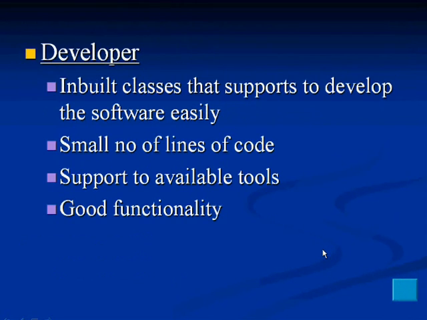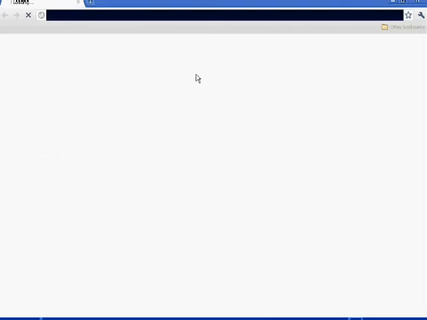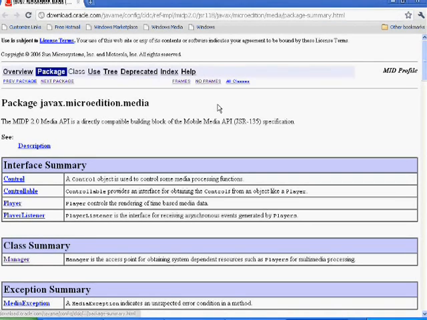Going into the developer, the language should have inbuilt classes that support the implementation. J2SE has a package called Audio Package that has all the necessary classes and methods to implement the player easily. And this is a summary of microedition.media package.